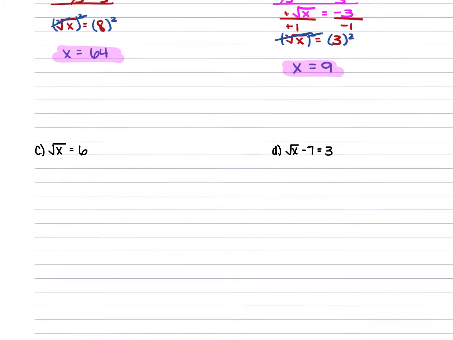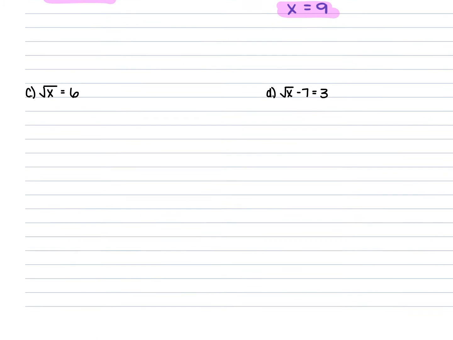For example C, we have the square root of x is equal to 6. For this one, our radical is isolated already, so we're just going to take the index, which is an invisible 2, and raise each side to the second power. That cancels out our power and our radical to where we just have x is equal to 6 squared, which is 36.